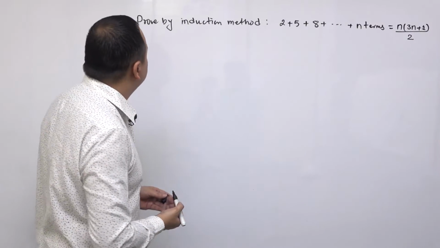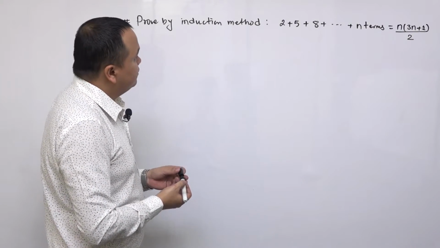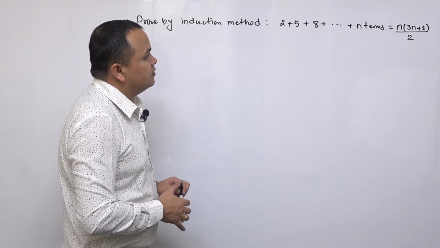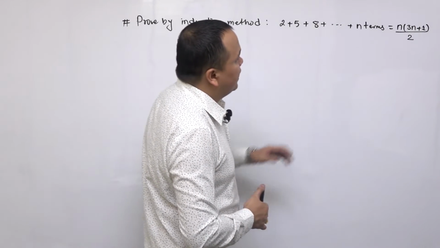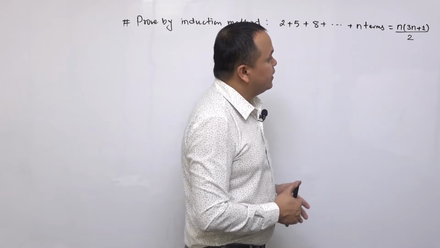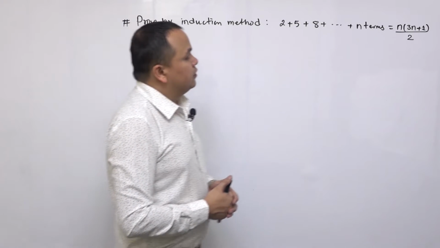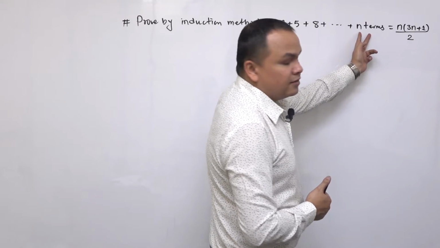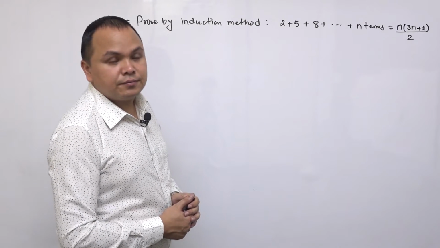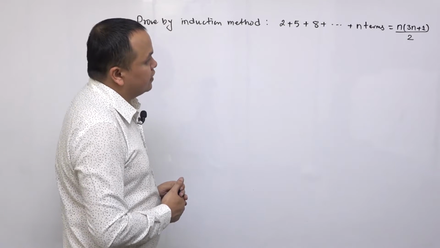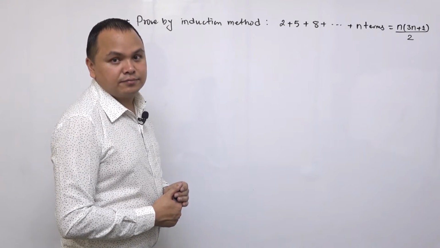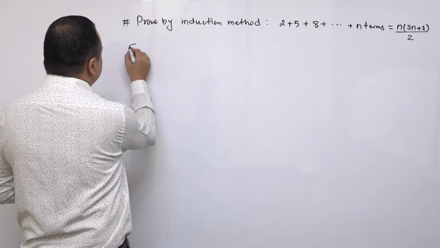We take another example. Prove by induction method 2 plus 5 plus 8 plus ... n terms is equal to n times 3n plus 1 divided by 2. Here the last term is not given. So first of all we find its nth term. Solution.